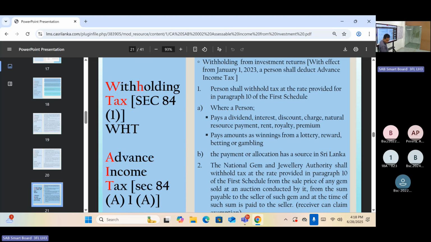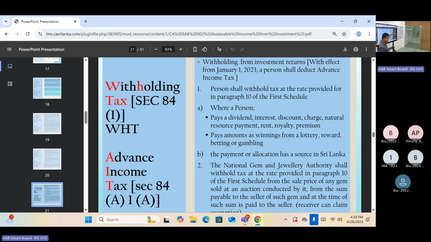That is also group 123. It says a person shall withhold tax at the rate provided in paragraph 10 of the first schedule. The first schedule gives the tax rate. What type of payment? Where a person pays a dividend, interest, discount, charge, natural resource payment, rent, royalty, premium.